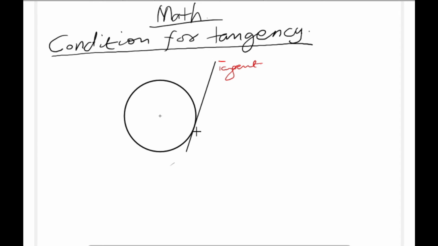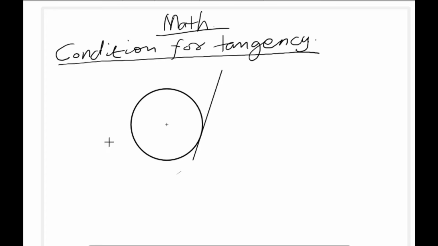then at the point of tangency here, when you are given the equation of this circle and then you are given the equation of this line, for you to determine whether this line is a tangent to this circle, you first of all find the center of the circle from the equation given.